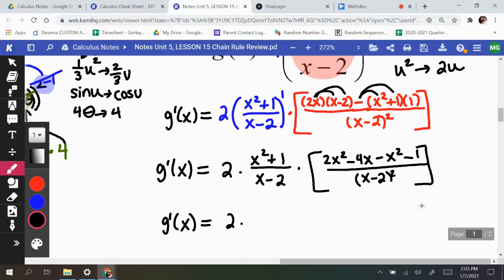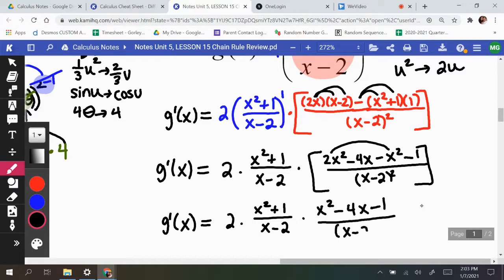So we'll have 2 times x squared plus 1 over x minus 2 times, what's this going to end up being? 2x squared minus x squared is just going to be x squared. And then we still have the negative 4x minus 1 all over x minus 2 squared.